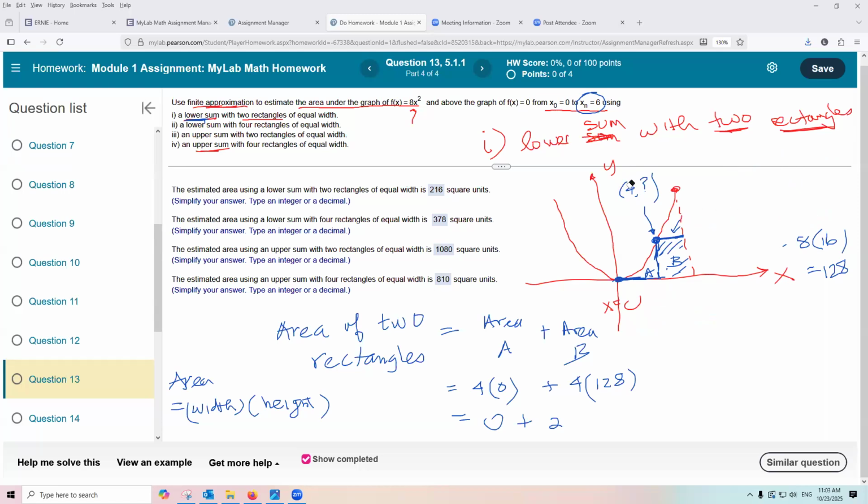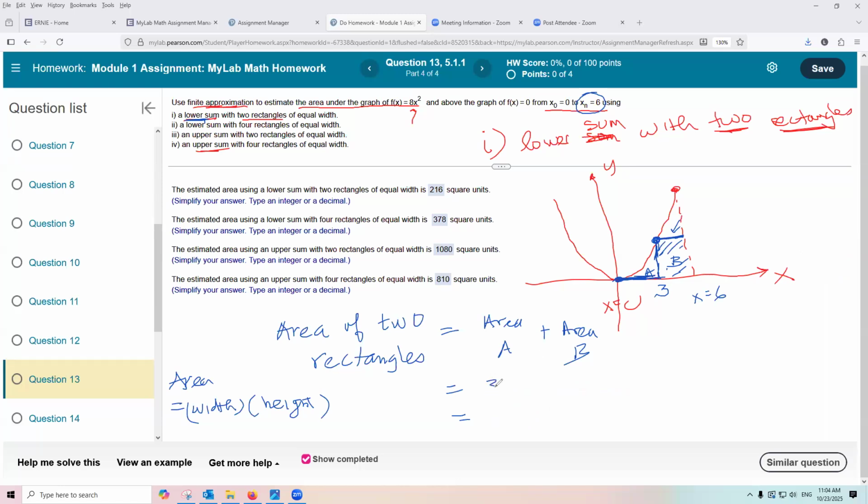So my diagram is still okay, except I have to make this value here x equals 6. That means each rectangle is going to have a width of 3. So let me get rid of this. All right, so area A still has a height of 0.